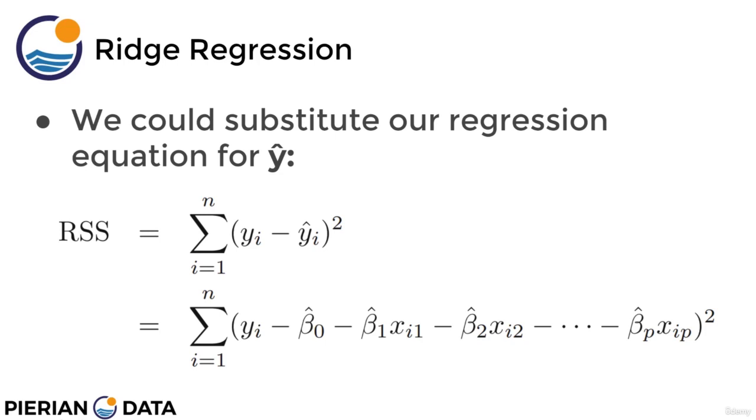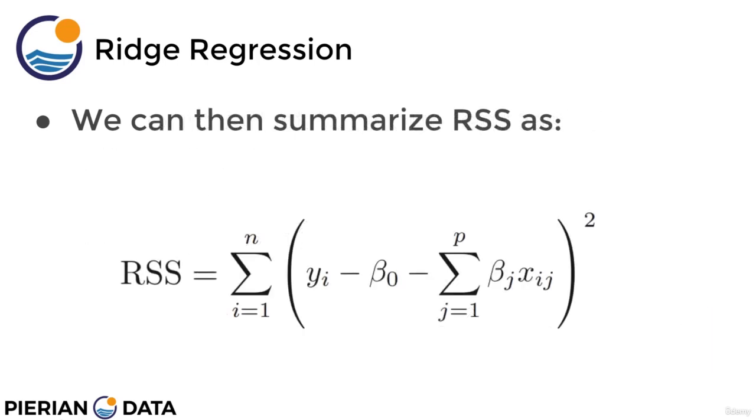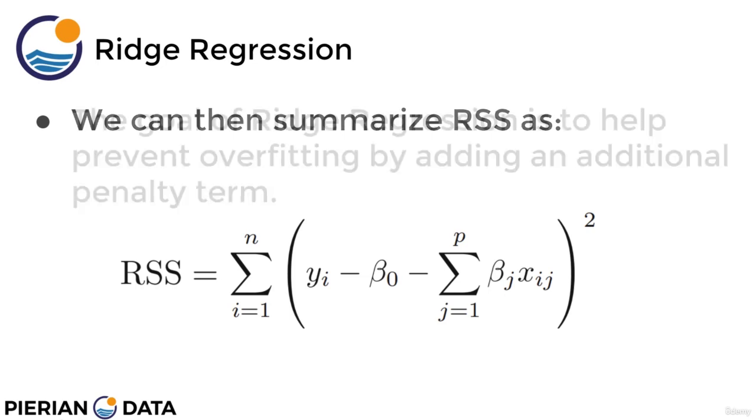Still the same thing for RSS. So if I summarize that further, RSS is essentially the following. It's the true y minus beta naught, which is my intercept term, minus the sum of each beta coefficient times each feature, and then that whole thing squared. That's what RSS is, just written in terms of beta coefficients and the features.